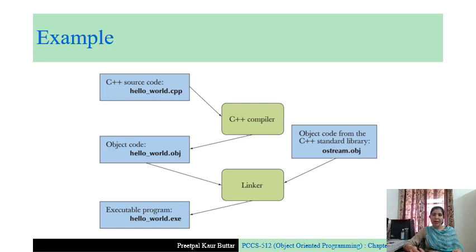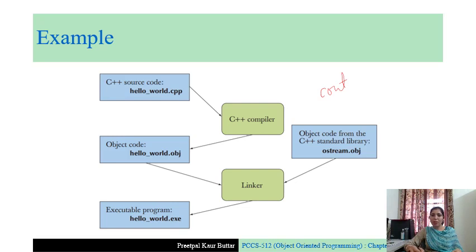For example, in this hello world program, we use this cout function. Okay, so cout is available in iostream.h. The iostream.h header file has been included by the preprocessor. Now we need the object code of this cout.